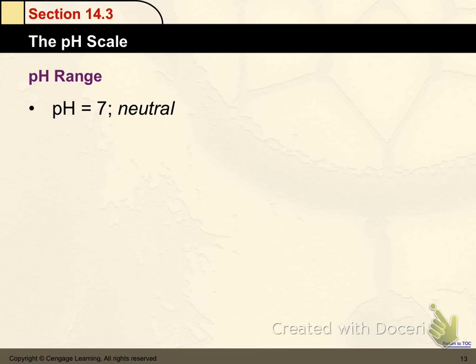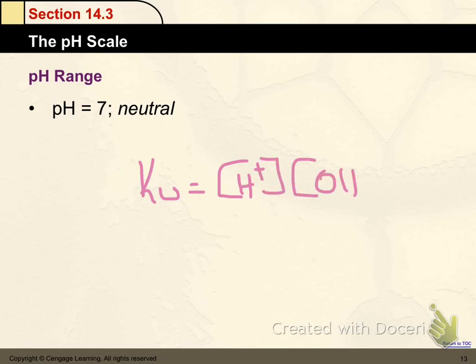If we want to think about why that is, we can remember that Kw equals H plus times OH minus. And if we remember what these numbers are for a neutral solution, for hydrogen, that's 1 times 10 to the negative 7.